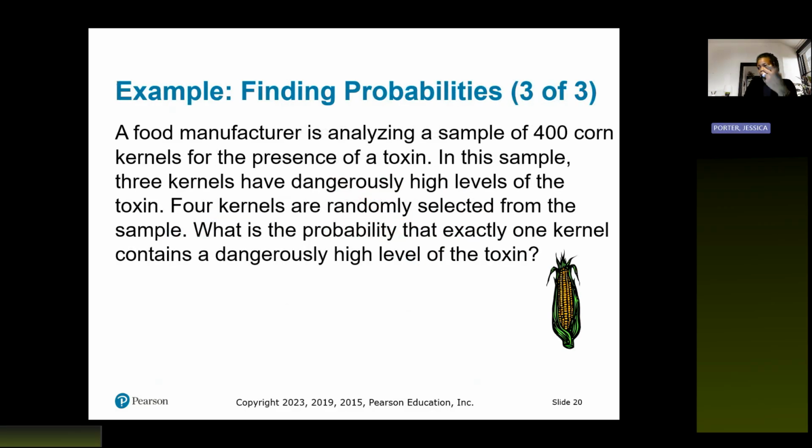So a food manufacturer is analyzing a sample of 400 corn kernels for the presence of a toxin. In this sample, 3 kernels have dangerously high levels of the toxin. 4 kernels are randomly selected from the sample. What is the probability that exactly 1 kernel contains a dangerously high level of the toxin?